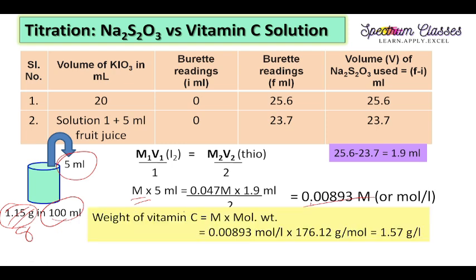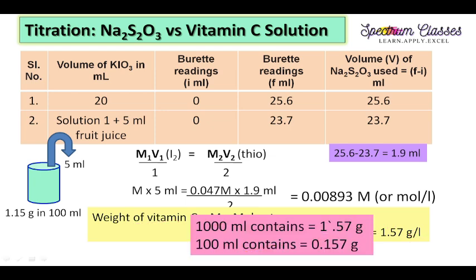This is the way of calculation. With the molarity we get from this, you simply put it here and multiply it with the molecular weight of vitamin C, or ascorbic acid. It's a simple formula for the weight of vitamin C, and this is in grams per liter. So 1 liter of solution contains this many grams of vitamin C.